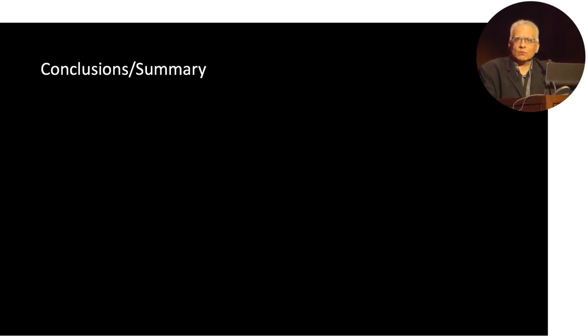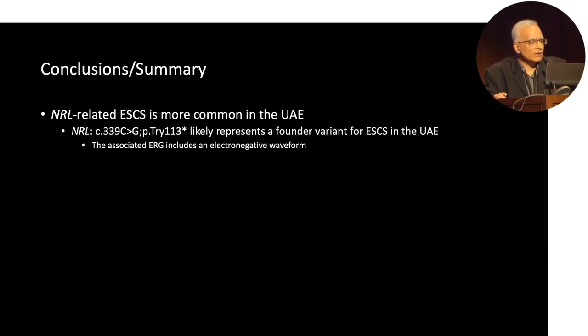So to summarize, NRL-related enhanced S-cone syndrome is more common in the UAE. When you look throughout the world, it's typically NR2E3 mutations, but it's predominantly NRL in the Emirates, and it seems to be related to a founder variant. The associated ERG with these patients is electronegative.